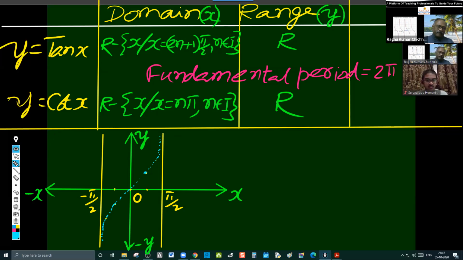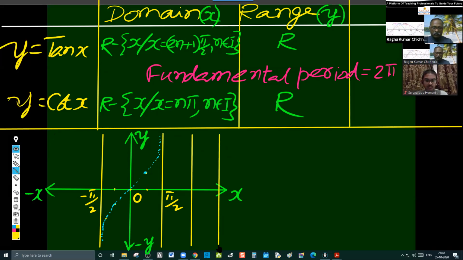Similarly, this is the first part. How will the second part be? Very much similar, and it will be parallel. At what points is it to be shown parallel? For all odd multiples of pi by 2, it should be shown parallel. So here, pi by 2 is there.